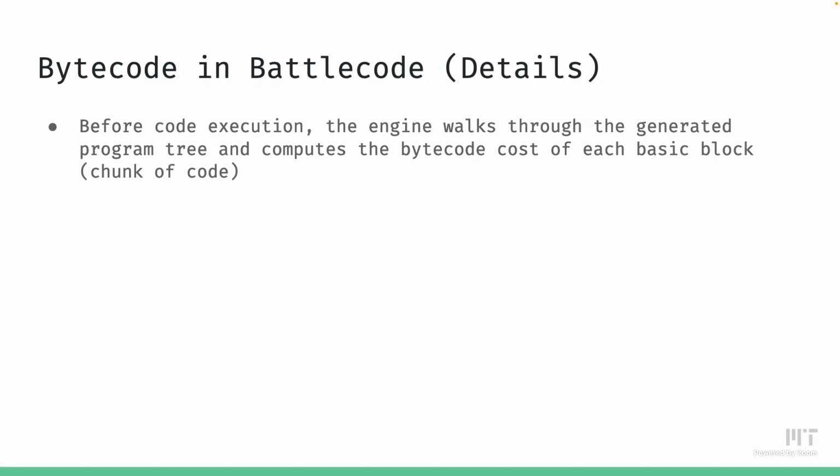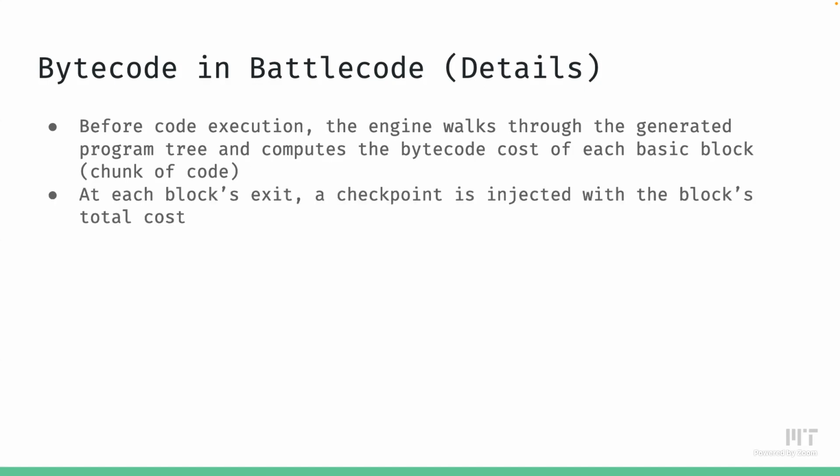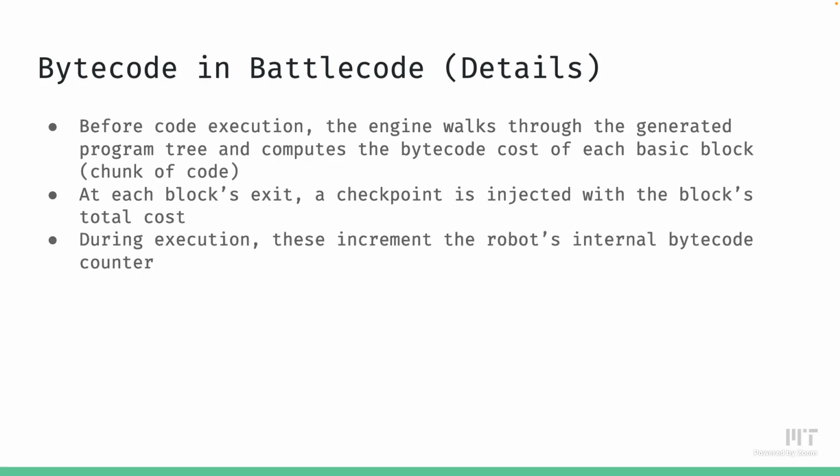What's important is that these are all basic blocks, which means there's no way that it could have a different amount of bytecode for each execution. For example, a basic block will contain no functions or branching, because that way it's a deterministic amount of bytecode for each call. And at the end of each block, we create a checkpoint with the block's total bytecode cost.